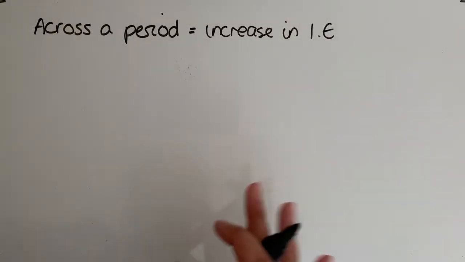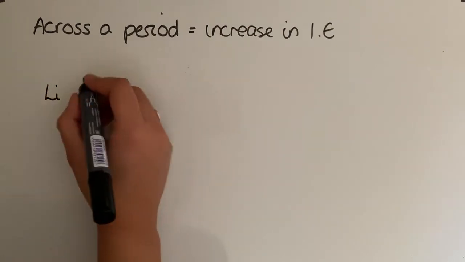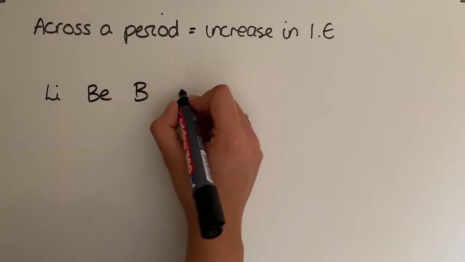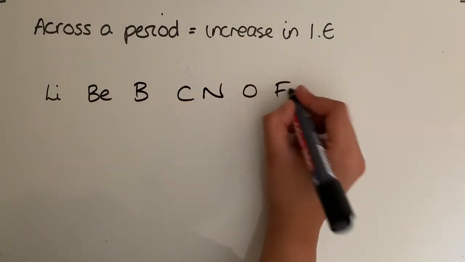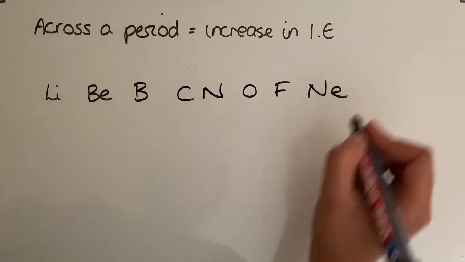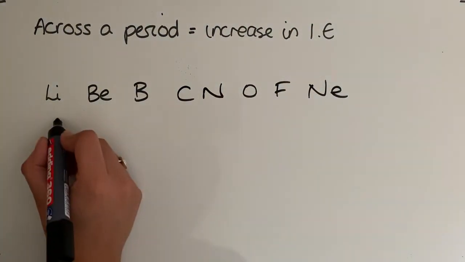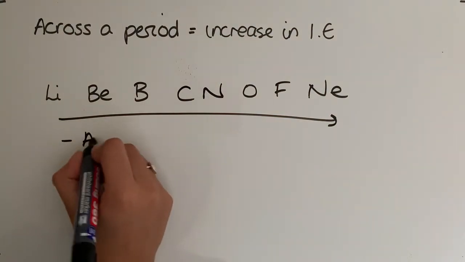I'm not going to draw them all out, but if we go for lithium, beryllium, boron, the thing to point out is that as you go across a period, the atomic radius decreases.